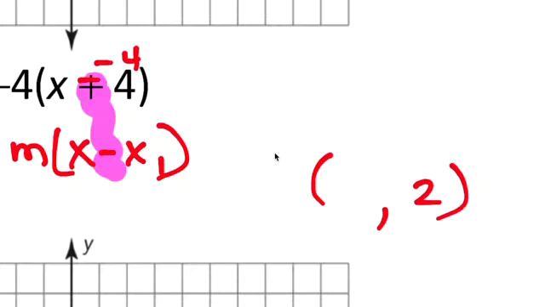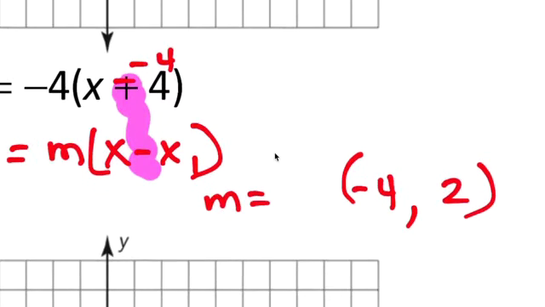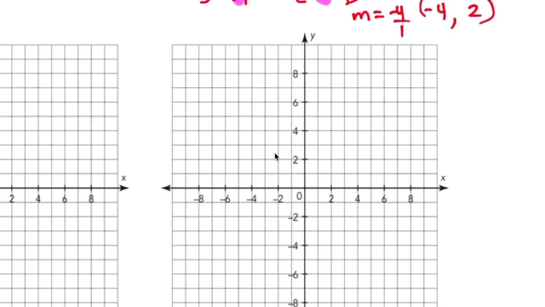Okay, so negative 4. And your slope is negative 4 over 1. Down 4 over 1, right? Starting at negative 4, 2, you go down 4 over 1. I like to make my line long and nice.